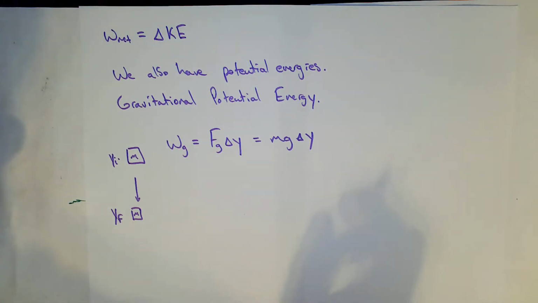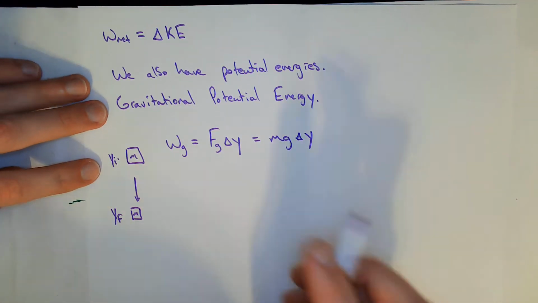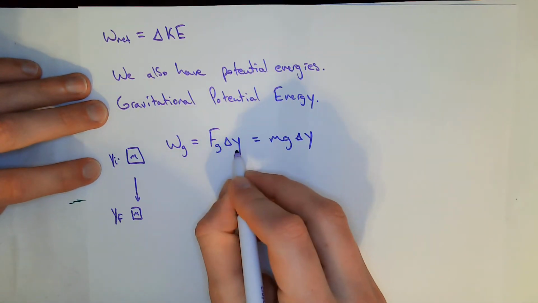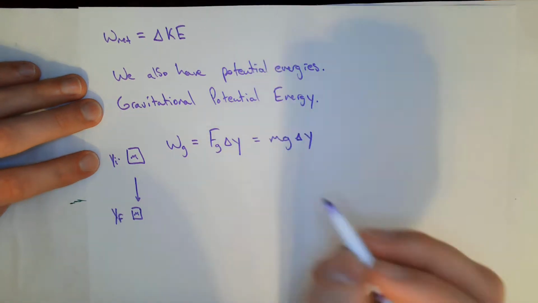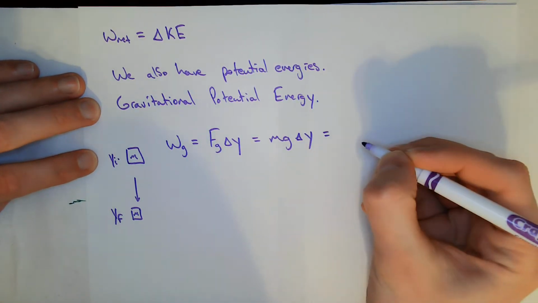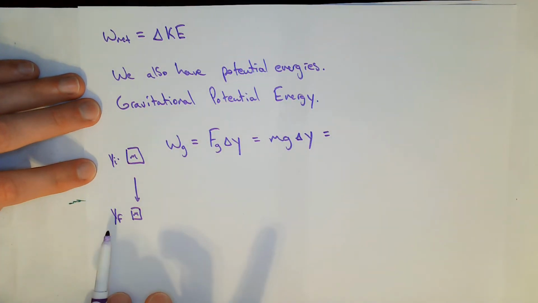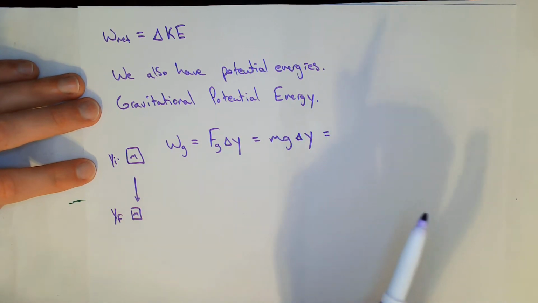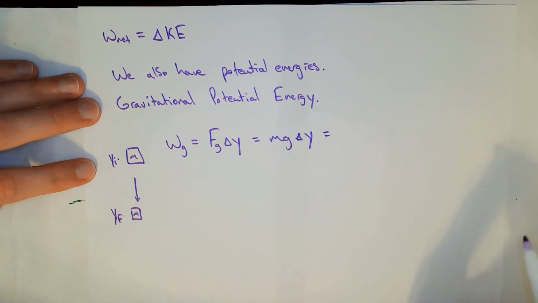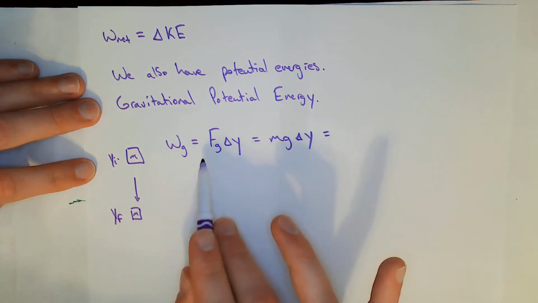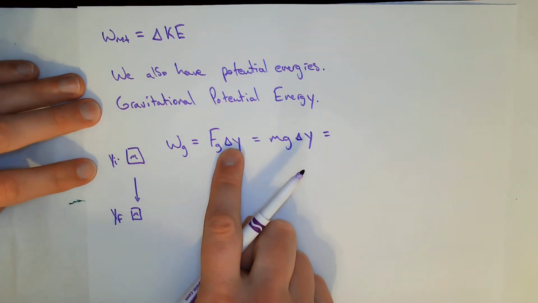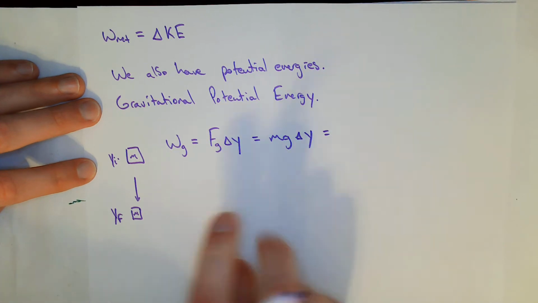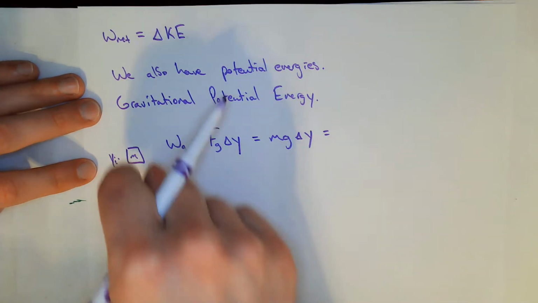I realized I left something out here, which is that delta y is actually being flipped around when we talk about this gravitational potential energy. What I mean by that is that instead of y final minus y initial, I'm going to have y initial minus y final. That kind of messes this up, because delta y is understood to mean final minus initial, but I want it flipped because the object is falling.